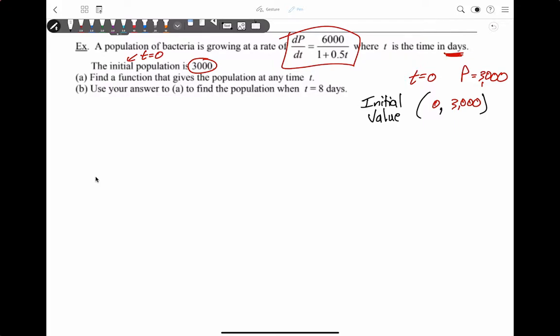So this is definitely review of concepts that we did before, dealing with differential equations. And yes, you can solve this by doing the whole differential equation where you separate out, putting 6,000 over 1 plus 0.5t, and you move this t over by multiplying both sides, and then you do this separation of variables, so you have the integral of dP, and then you get the population is equal to the following.